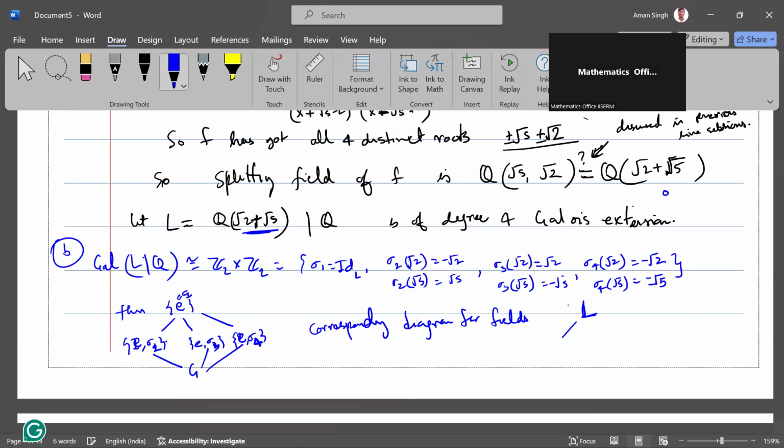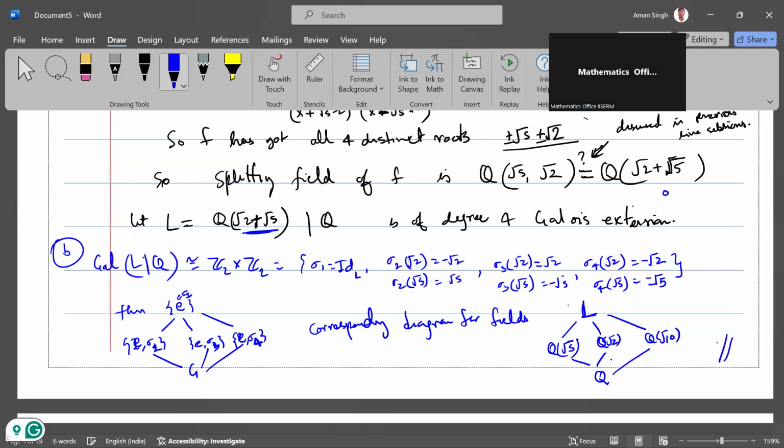Okay, so what does sigma 2 fix? Root 5. So this is just Q(root 5). Here we have everything fixed, so this is Q. What does sigma 3 fix? Sigma 3 fixes root 2. So this is Q(root 2). What does sigma 4 fix? Q(root 10).